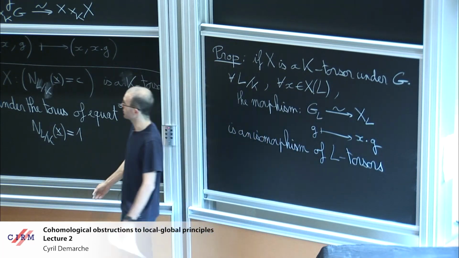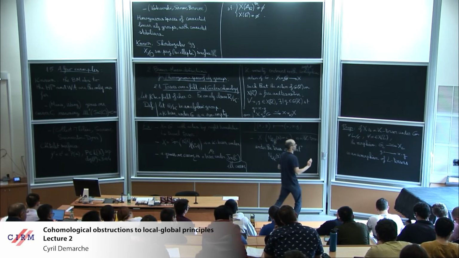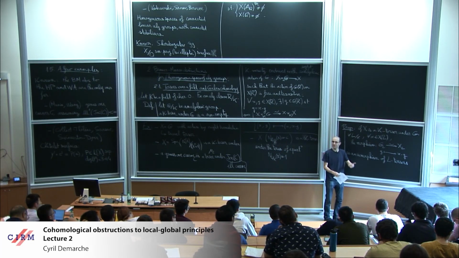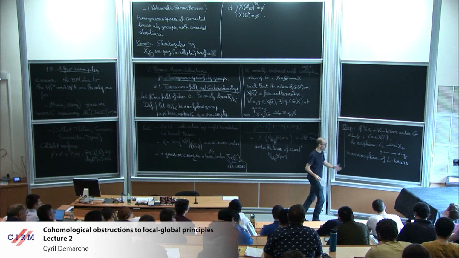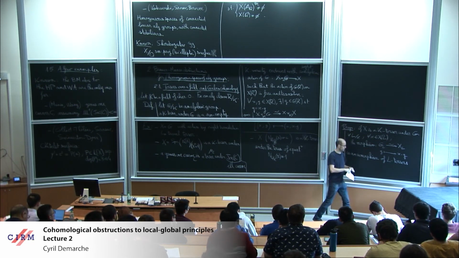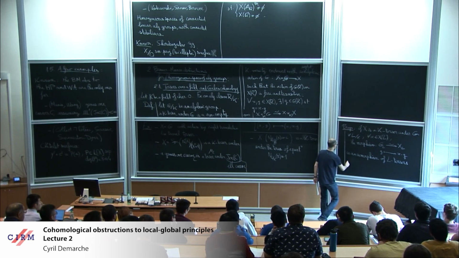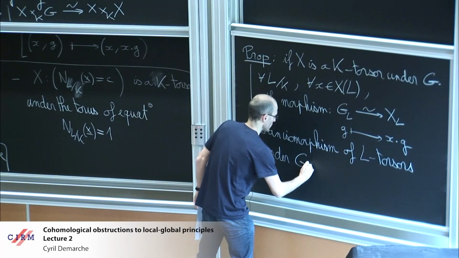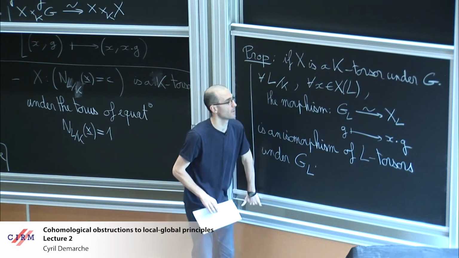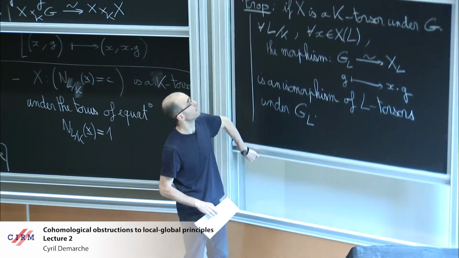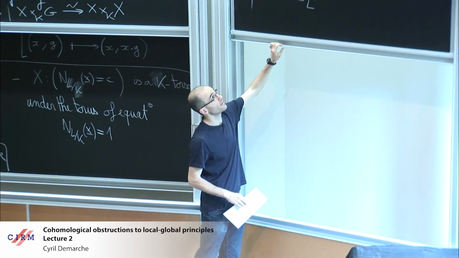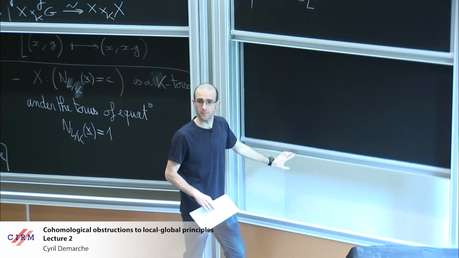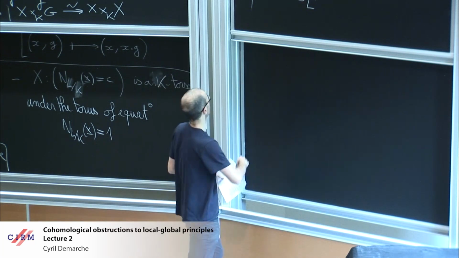I didn't mention it, but I should mention it now: if you pull back a torsor, you get a torsor under the pullback of the group. So it's an isomorphism of L-torsors under G_L. And I didn't define what a morphism of torsors is, so I should do it now.